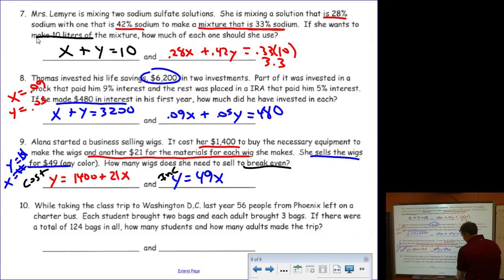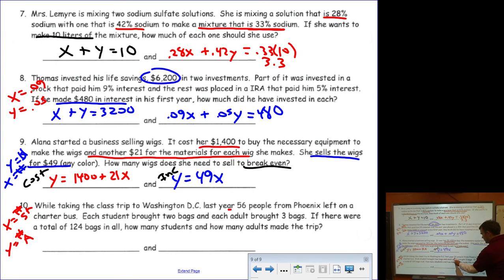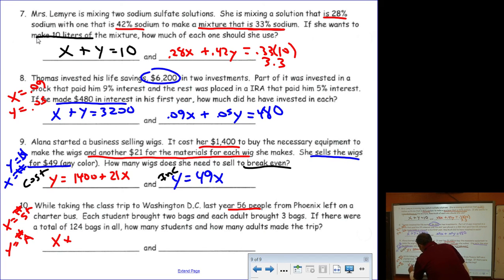And last up, we got the class trip to Washington, D.C. I'm going to use x for the number of students, and I'm going to use y for the number of adults. And I know that 56 people went, so that would be the number of students plus the number of adults adds up to 56.